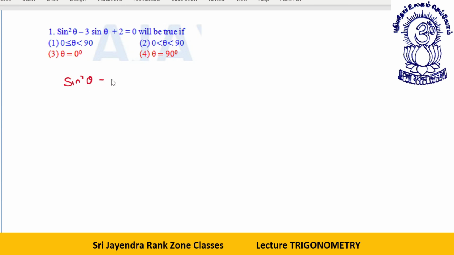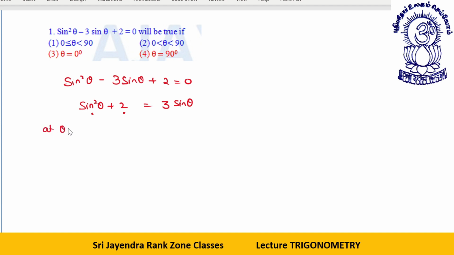Sine square theta minus 3 sine theta plus 2 is equal to 0. See, dear students, what you can say? You can say sine square theta plus 2 is equal to 3 sine theta. From here, if I look at it, sine square theta is maximum 1, 2 is constant, this is 3.